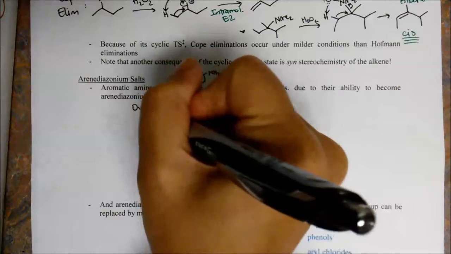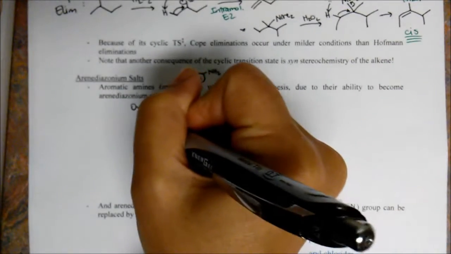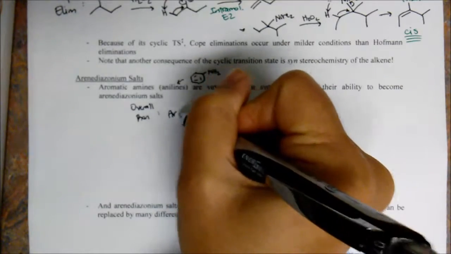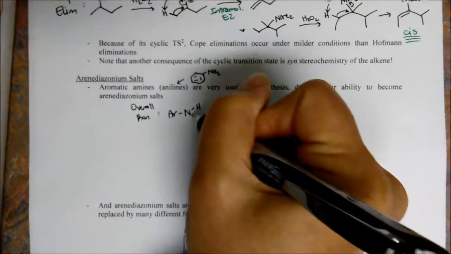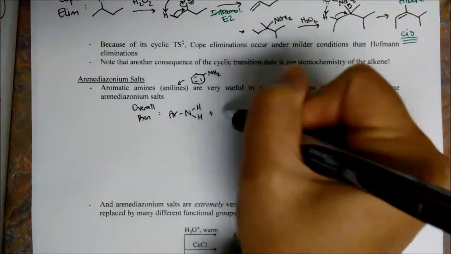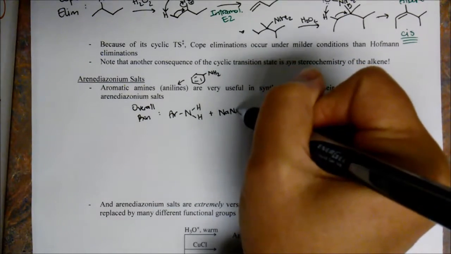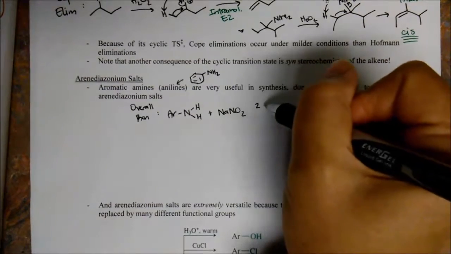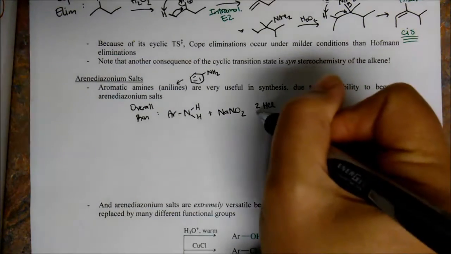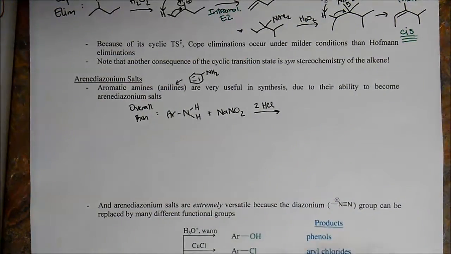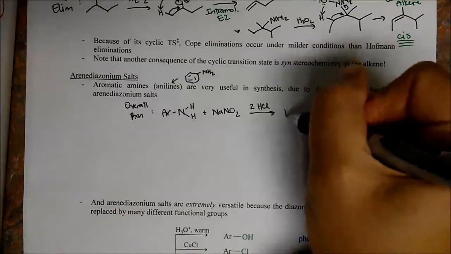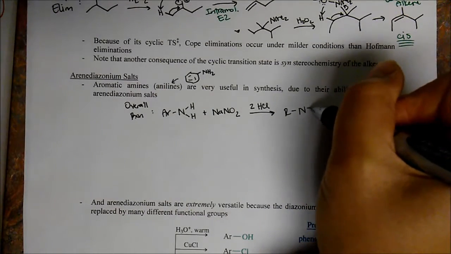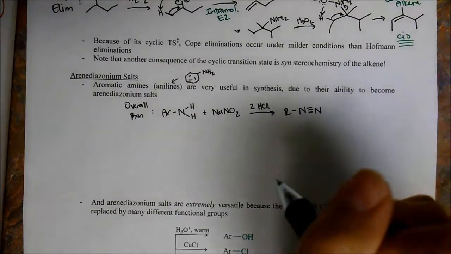This is aniline, right? And what's really cool, well, first off, to make the arene diazonium salt, here you go. You have your aromatic amine. Throw in some sodium nitrite, NaNO2. You also need some acid, 2 equivalents of HCl to be specific. And what we get out is what's called an arene diazonium salt.